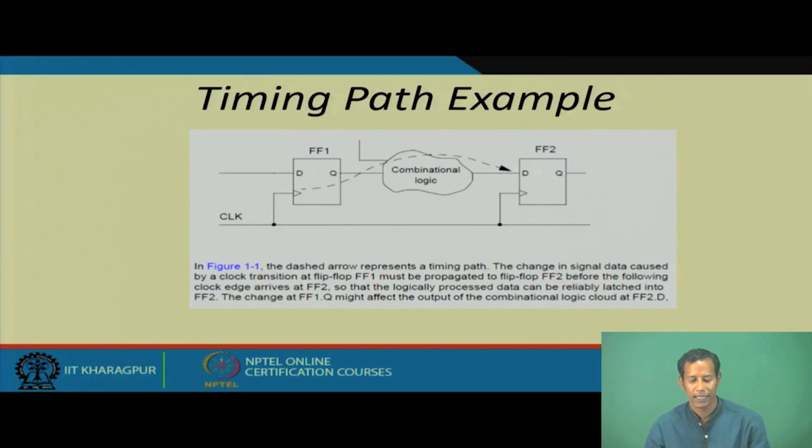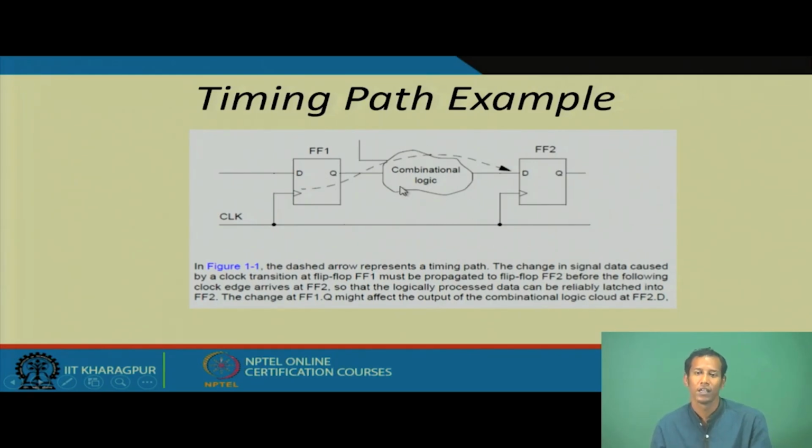Now, if we consider two flip flops, this is the basic consideration of any digital circuit: there will be two registers, and in between them there will be combinational logic.